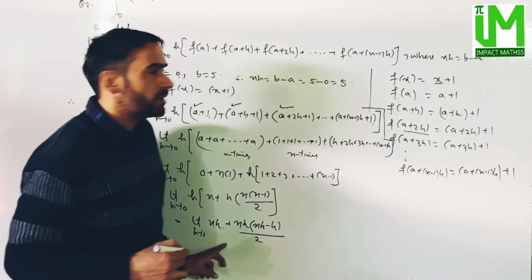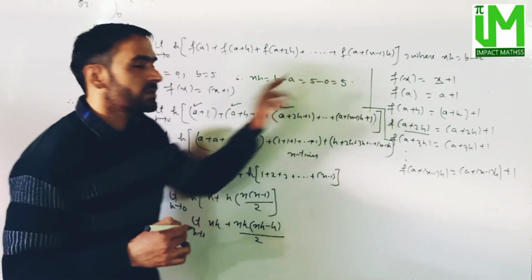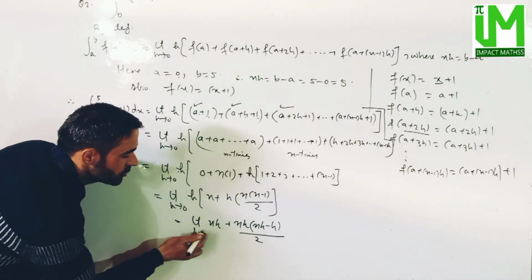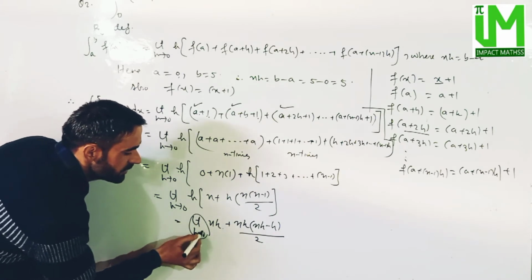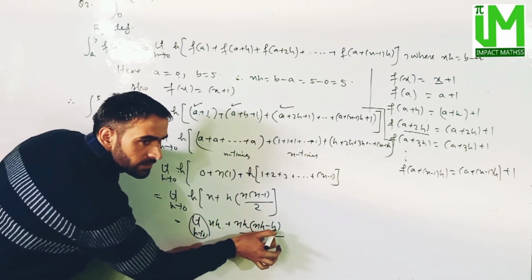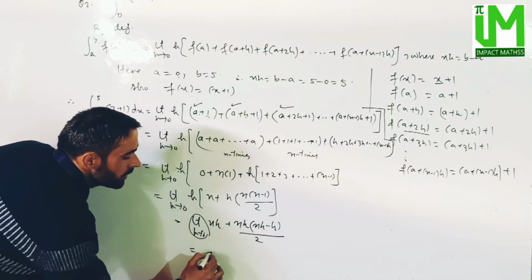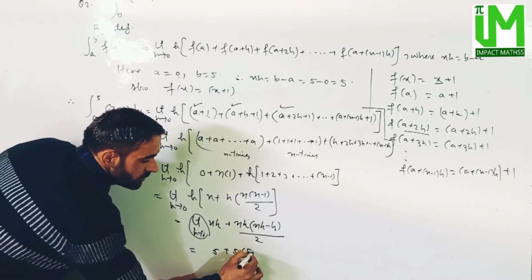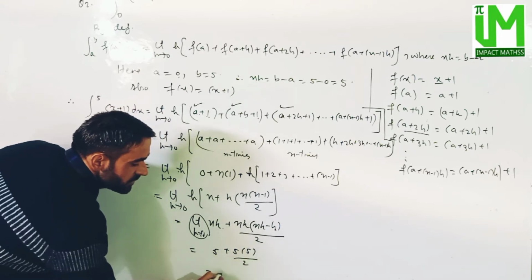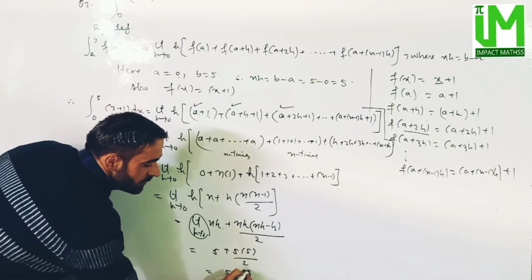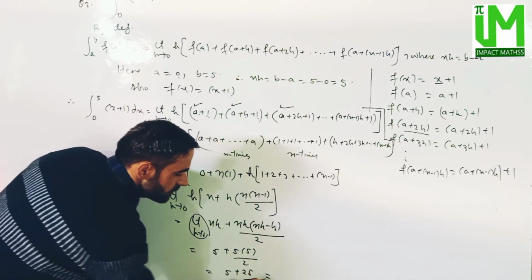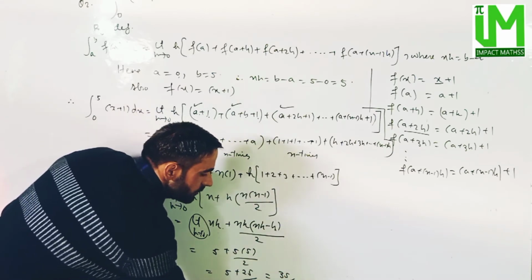What is the value of nh? nh is equal to 5. So this will be, with the limit h tends to 0, this will be 0 here, nh value 5, plus 5 into 5 divided by 2, so this will be 5 plus 25 divided by 2, cross multiply, so this will be 35 divided by 2.